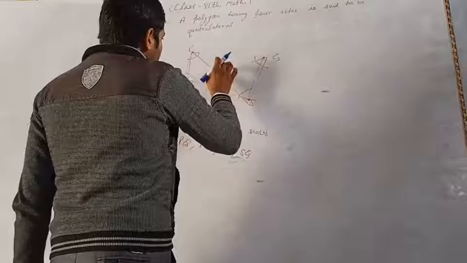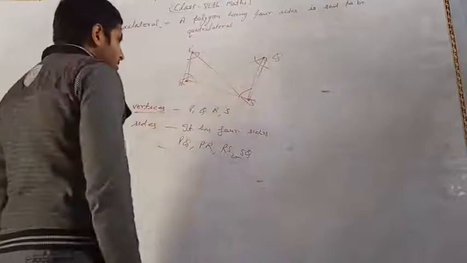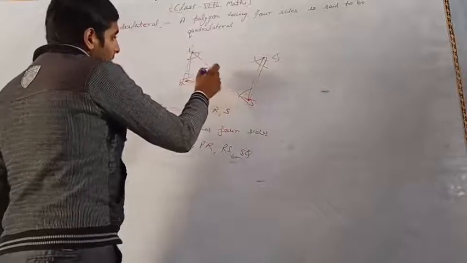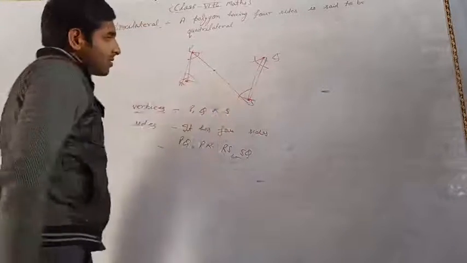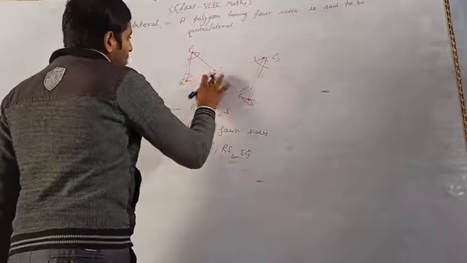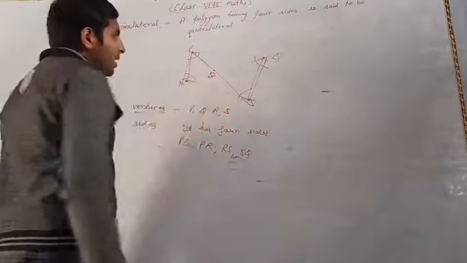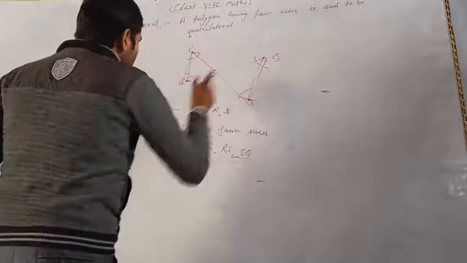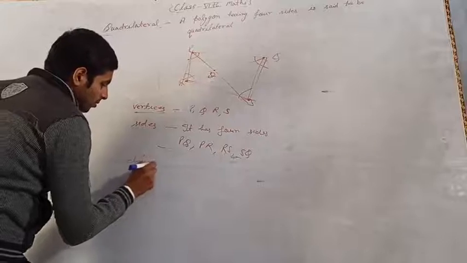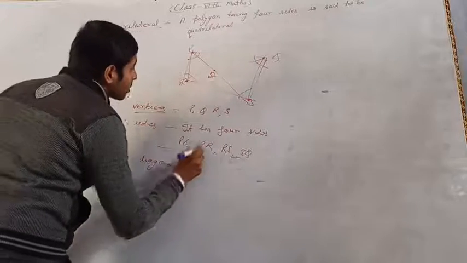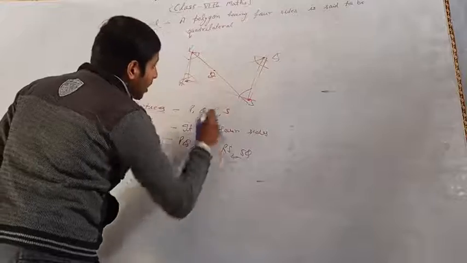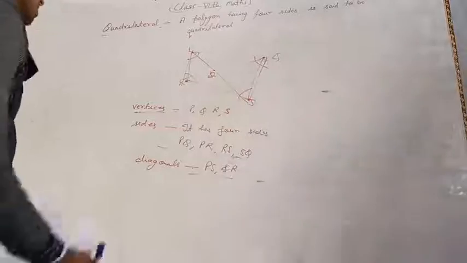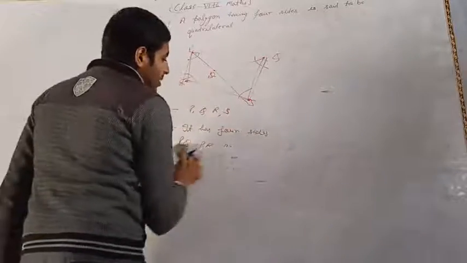So these two are called diagonals, and the diagonals of the quadrilateral intersect at a point named O. So here two diagonals PS and QR are given. So you know some things about quadrilaterals.